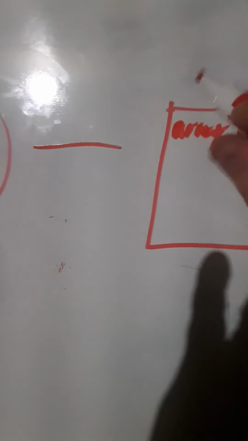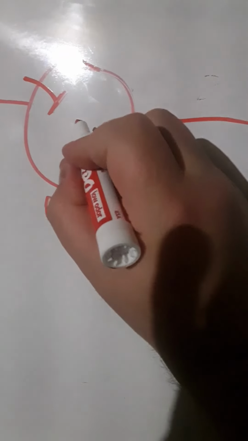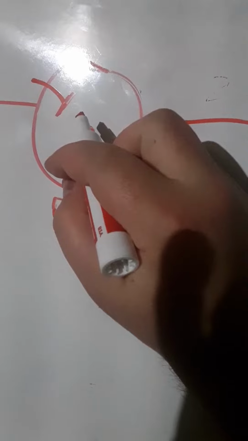It wouldn't be an int, so it would be array. This isn't how the code exactly is going to look, but it would just be array 1. So we're going to say if array 1 is reached, then how exactly would this work?